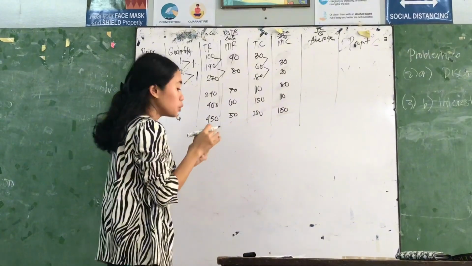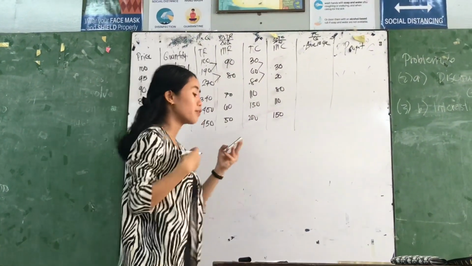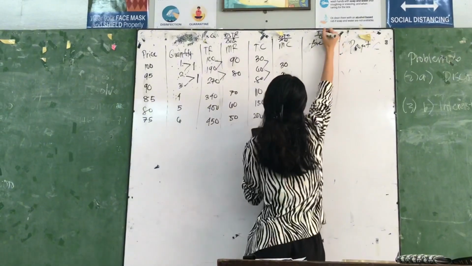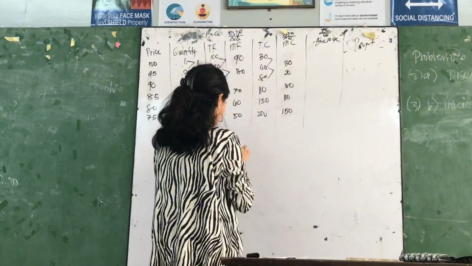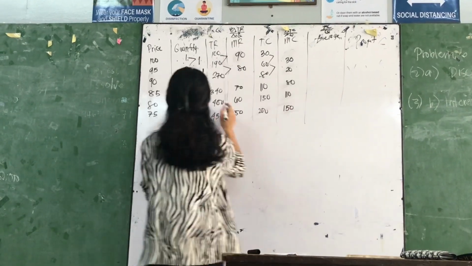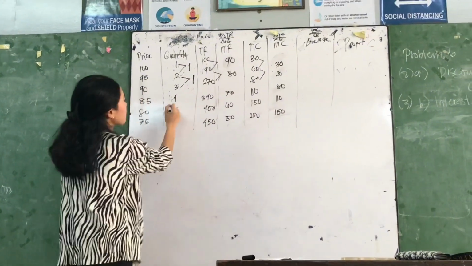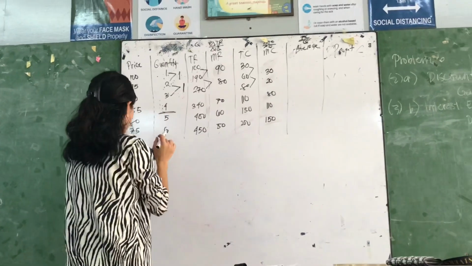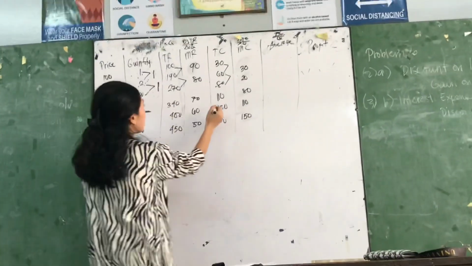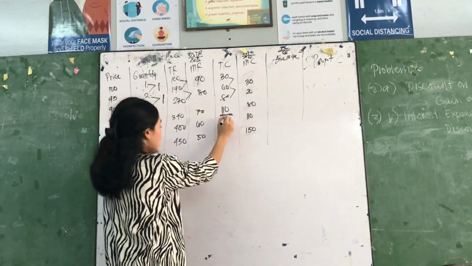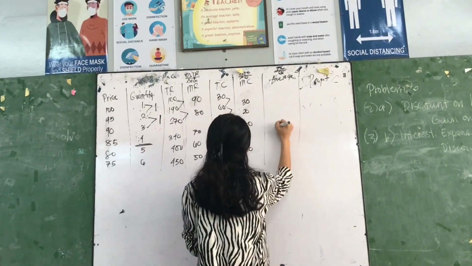So let's proceed to average. So to get the average is total cost divided by quantity. So number 4 is 110 divided by 4 is equals to 27.50.